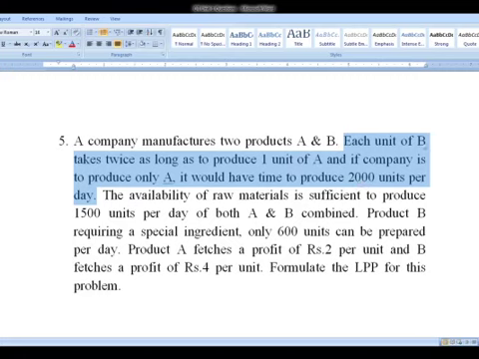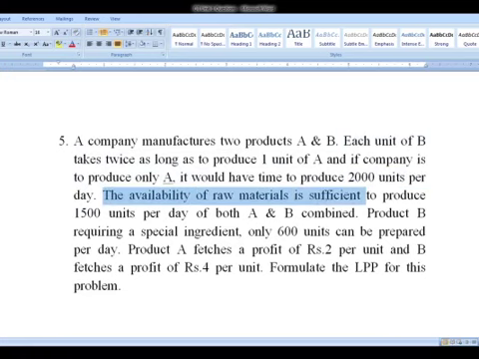Because if all A's are produced, then B is 0, and at that time it will be equal to 2000. If n number of A are produced and one B is produced, then it is less than 2000 units. It is a bit tricky here. You need to apply your minds.